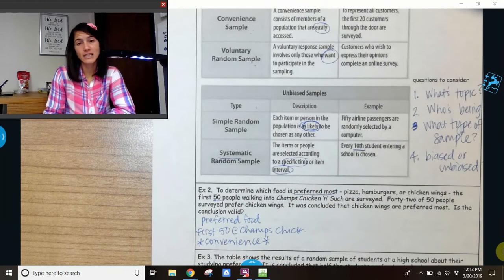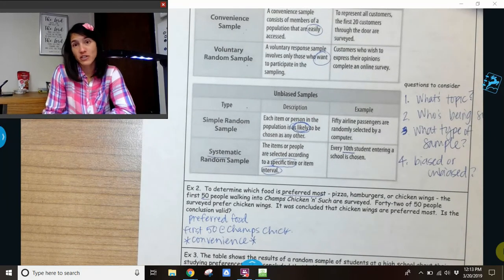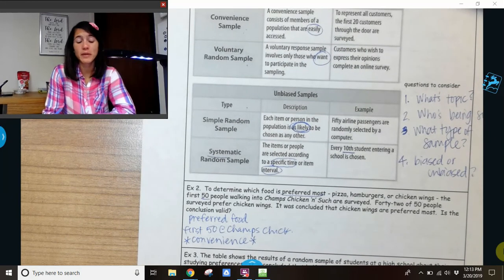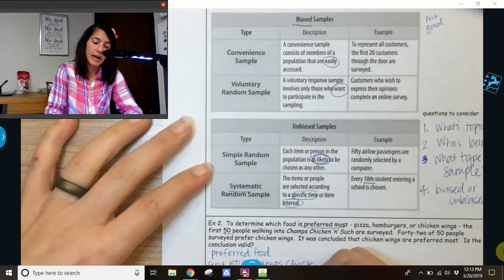They didn't go out to different restaurants. They just went to one and said, all right, first 50 people, come here. And is it biased or unbiased? Well, because it's a convenience sample, that means this is biased.